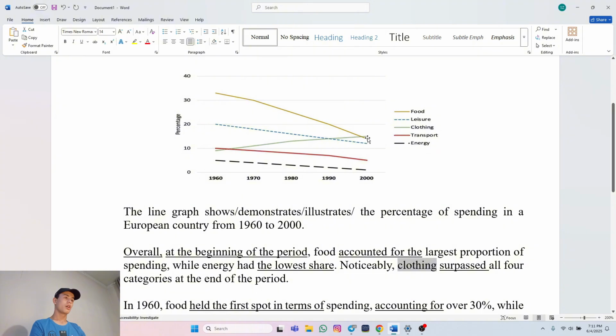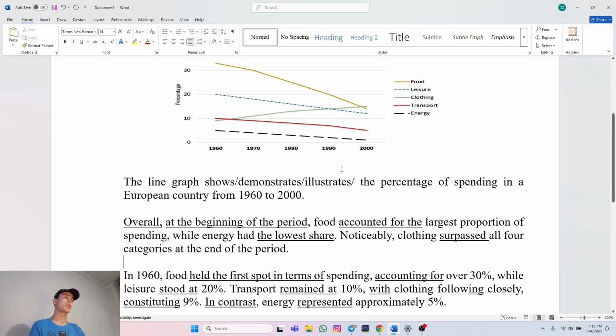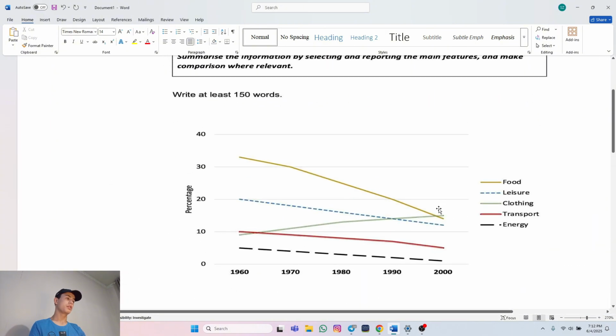Although clothing was at a very low percentage, it surpassed all of the categories, and I describe it like this: clothing surpassed. You can use this word as well. It surpassed all 4 categories at the end of the period. Here it's standing at the highest percentage, the green one, right? You can see this.